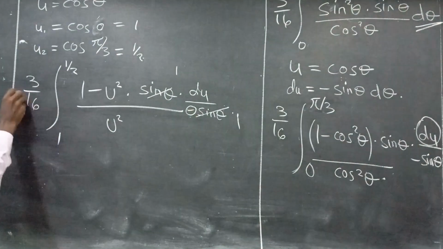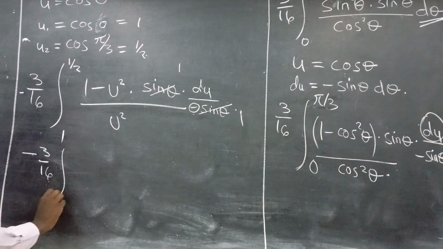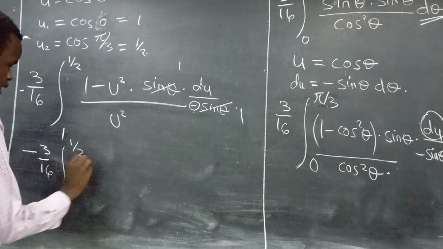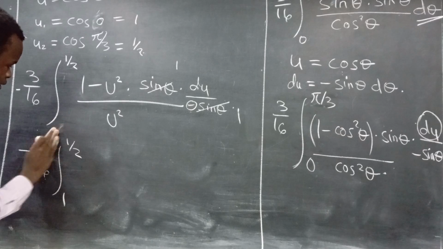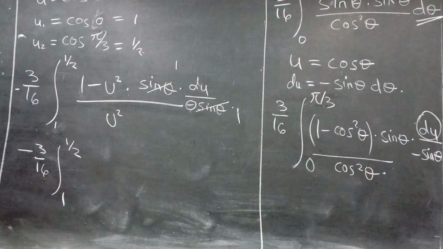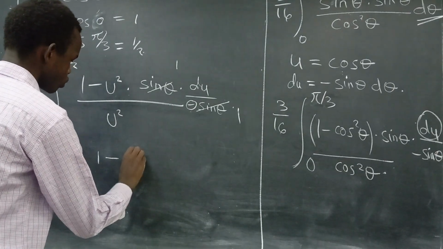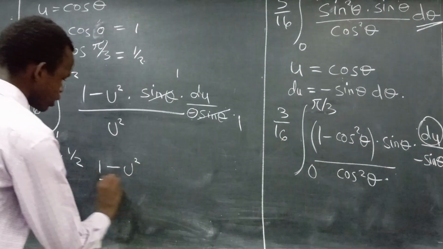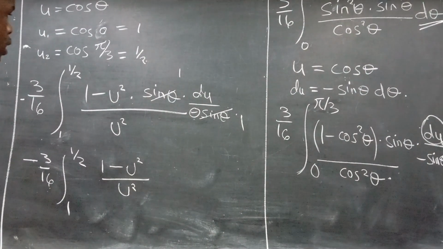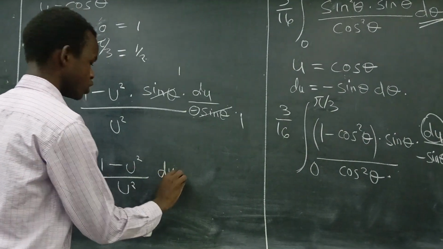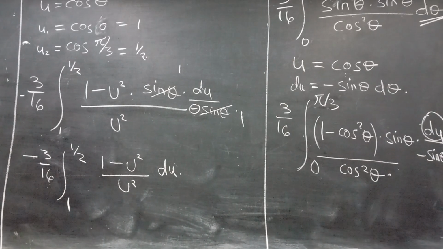So this negative, I'll take it outside the integral, so I'll get negative 3 over 16, the integral from 1 to a half, of 1 minus u squared, divided by u squared, du.